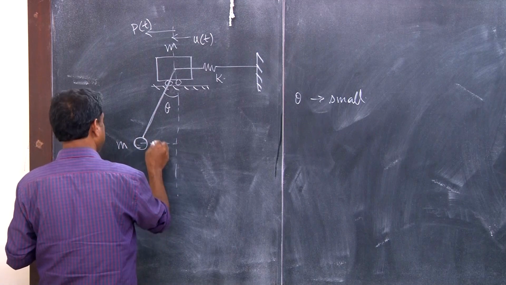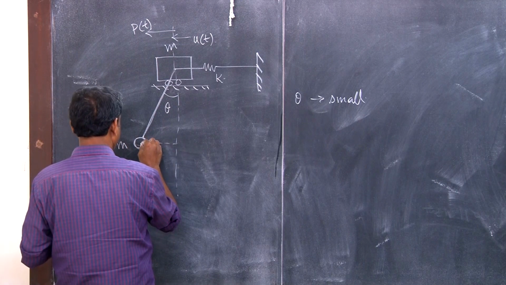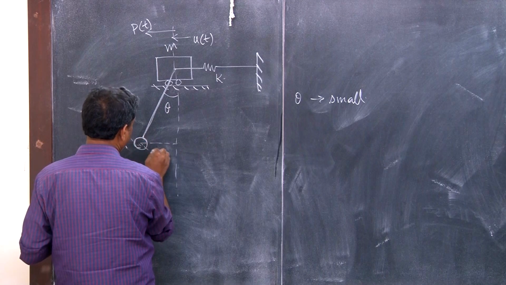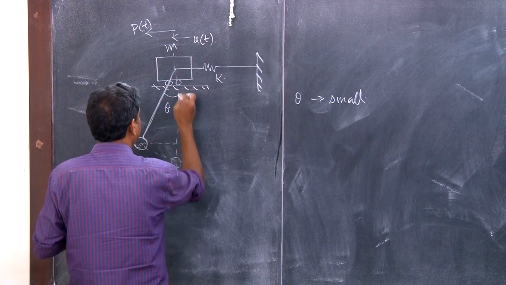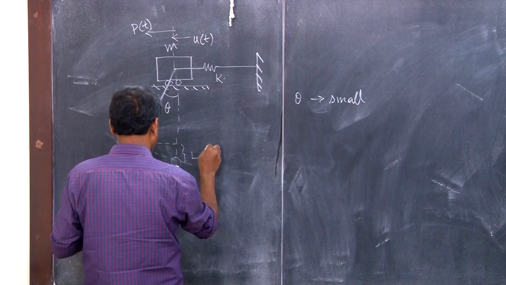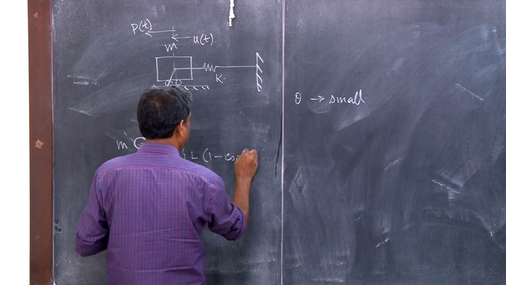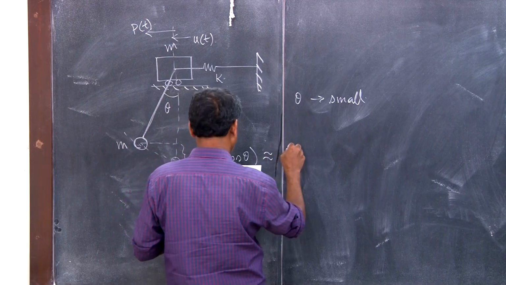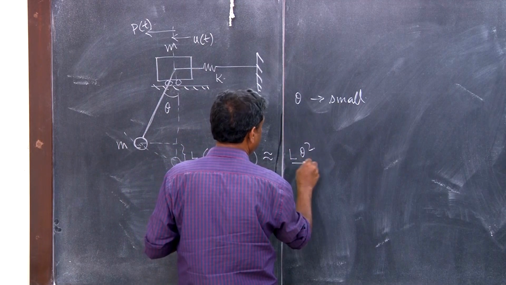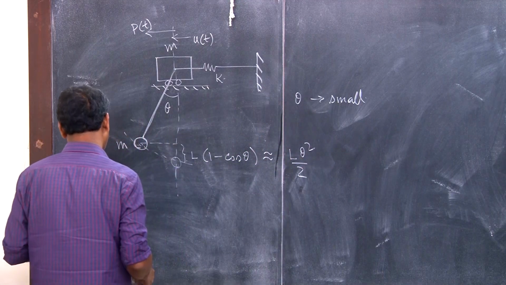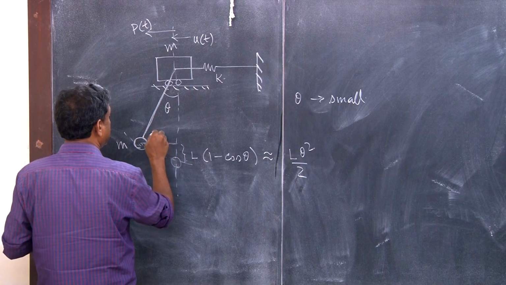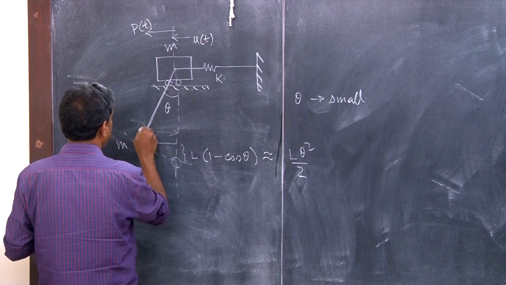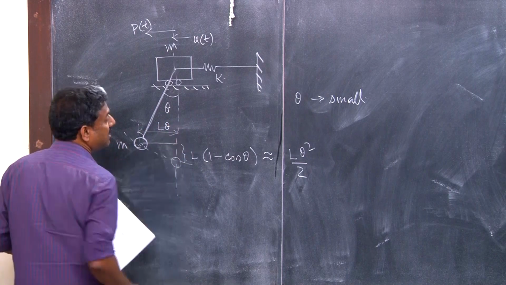The angle is theta, then this is L sin theta, and this one is L(1 minus cos theta), which is nothing but L theta square by 2. And if this angle is theta, then this one we can take as L theta, L sin theta, right?